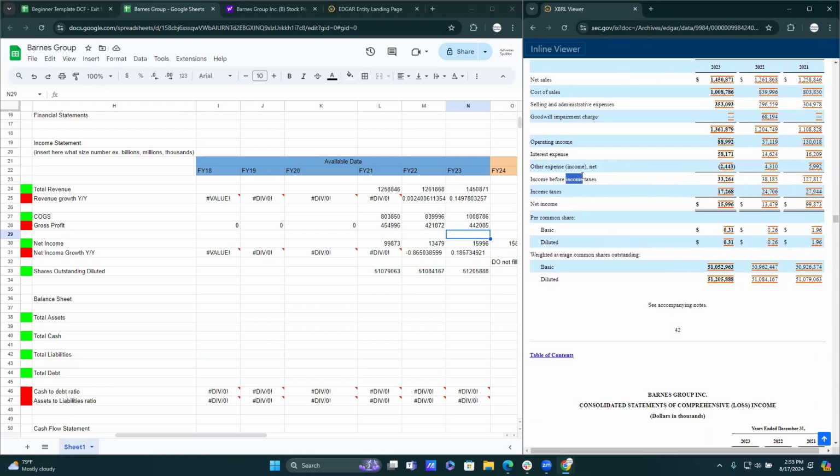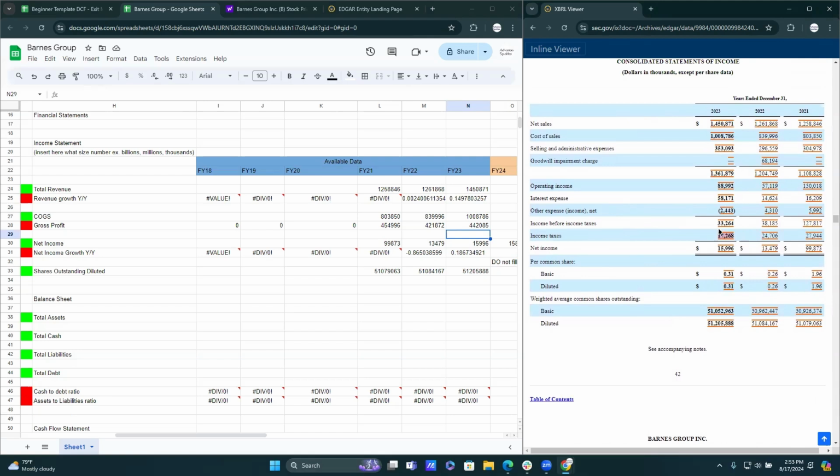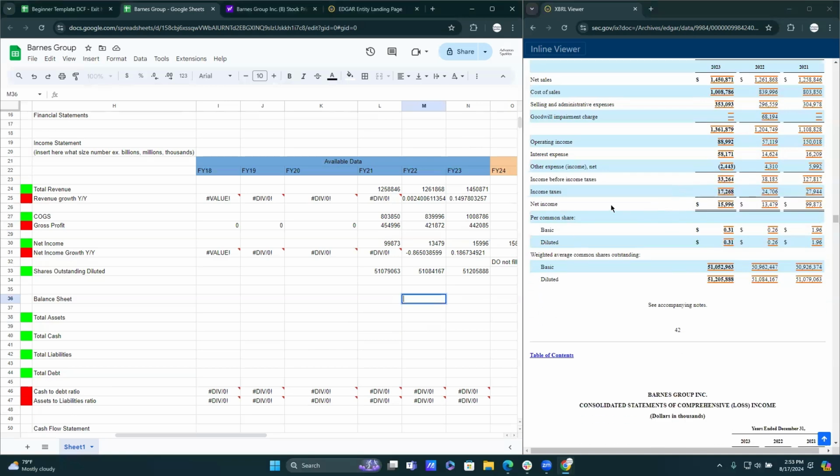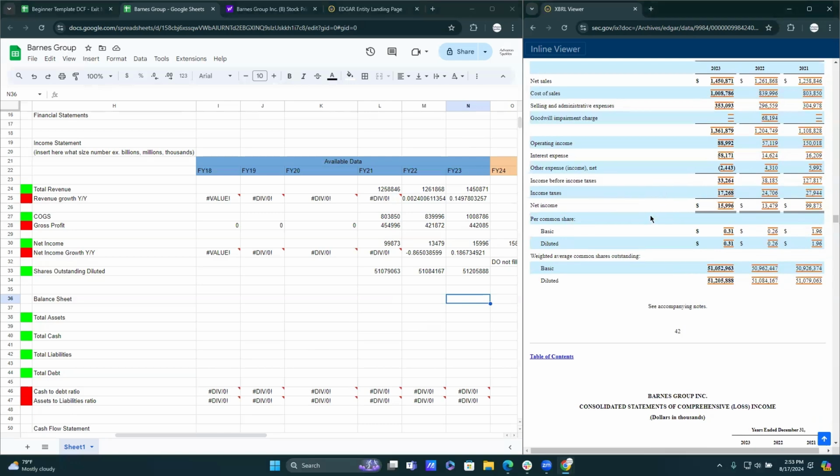Income before income taxes, we just subtract those and we don't include taxes yet. Our income taxes are what the company pays. What's the rate? We can check. Oh, they're paying quite a bit in taxes, actually. Some of these companies like to dodge taxes, and they do that in ways that are not unethical because they're allowed to do it, but it's interesting how they can do that.